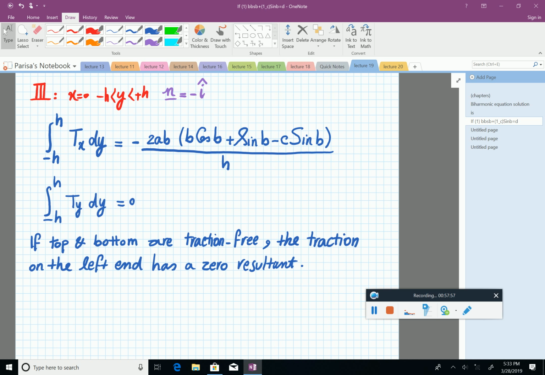This integral will be 0. And Tx, it will look like that. There is no resultant traction on the left-hand side. That means it's equal to 0.